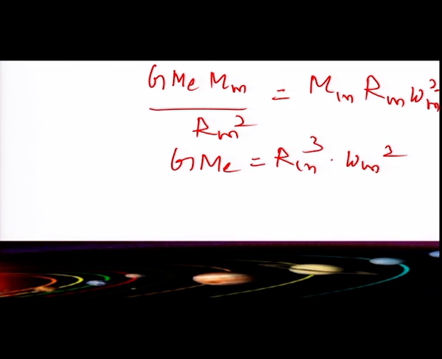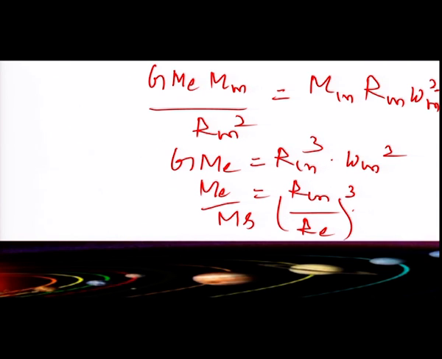So, from these two equations we will calculate Me by Ms. Me by Ms is equal to Rm divided by Re the whole power cube into omega m divided by omega e the whole squared.